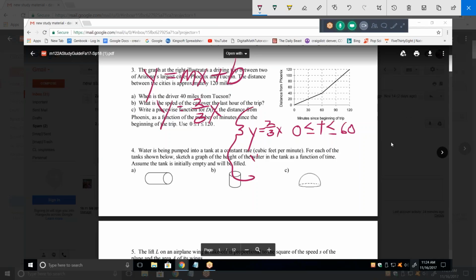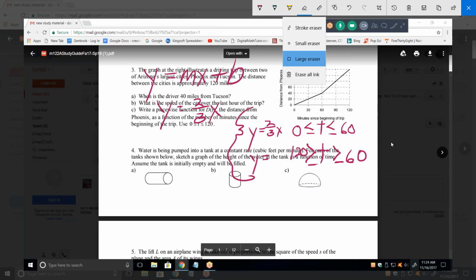There's an equation of the line when t is greater than or equal to 60. Perhaps we ought to say on here, use 0 to 120. All right, so t is between 0 and 120. Okay. I should have written that a little bit more consistently here. Let me do that.